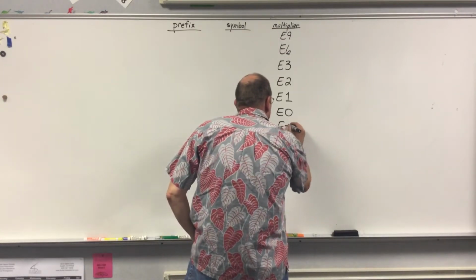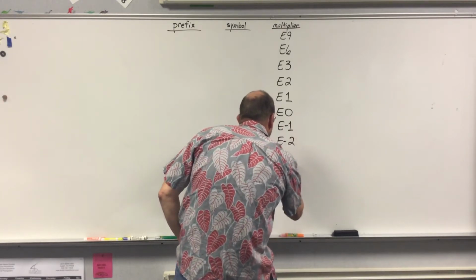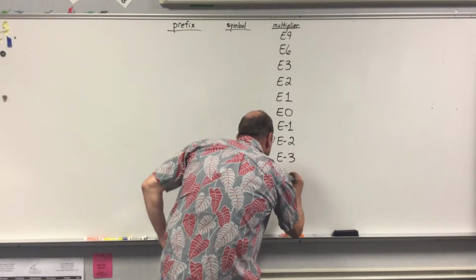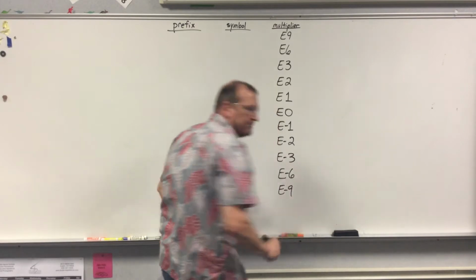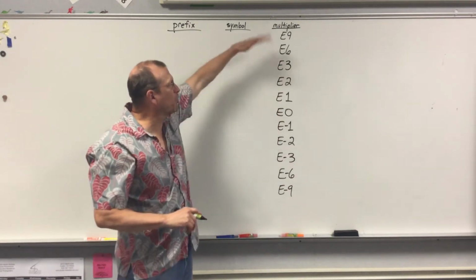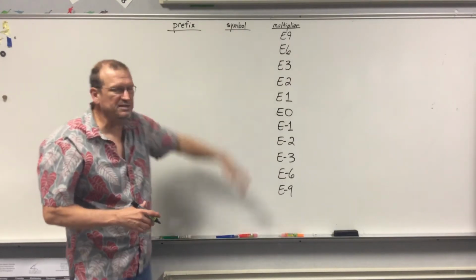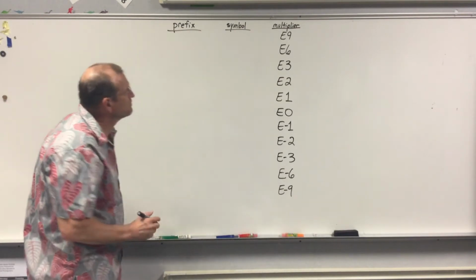So there will be an E-1, E-2, E-3, E-6, and then E-9. And as I said, there are more above and below this, and there is a reason that I'm presenting this in a vertical fashion instead of a right to left fashion.